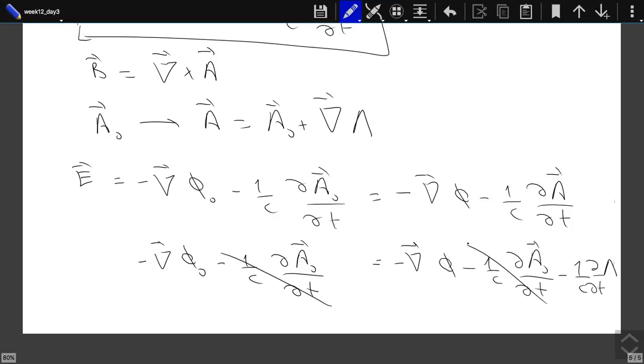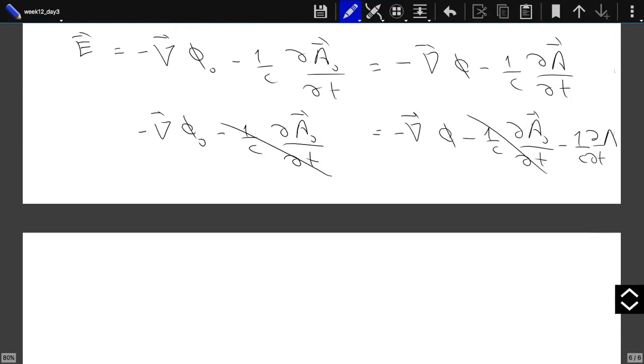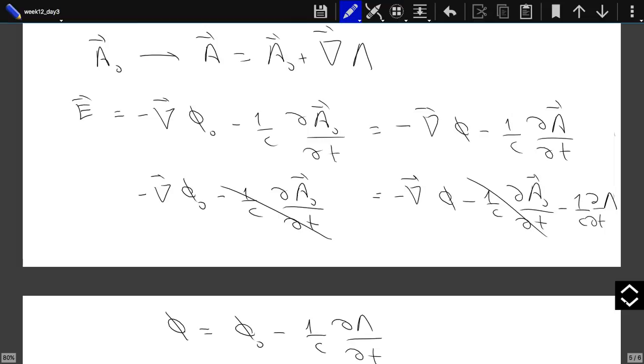Well, these things cancel. And if you just look at both sides, this phi should be equal to phi 0 minus 1 over c d lambda by dt. If this is satisfied, this equality holds.